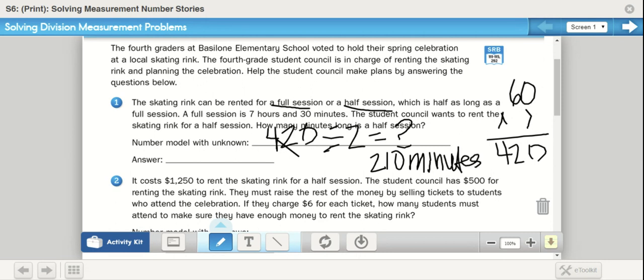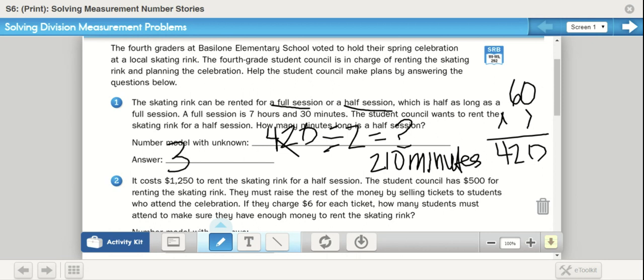Okay. That is how long that session is. Now let's change that back into hours and minutes. If we count by 60s, where could we end up? So 60 times 1 is 60, 60 times 2 is 120, 60 times 3 is 180. So I'm going to say 60 times 4 is 240, so that's too high.